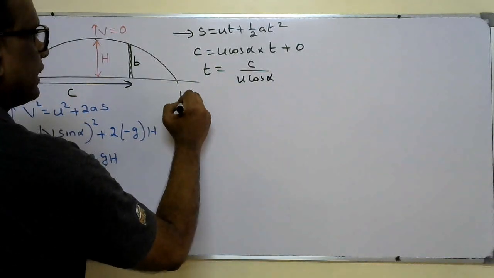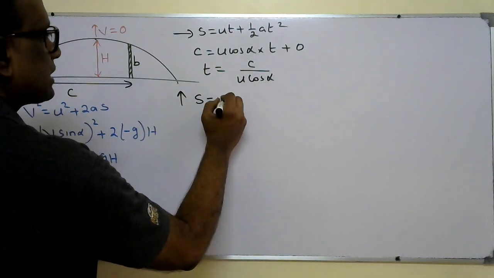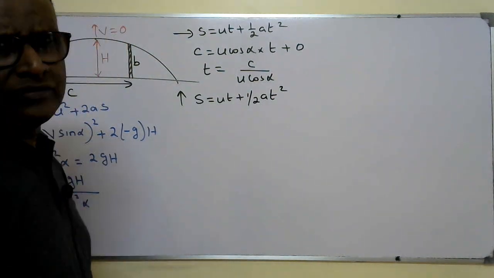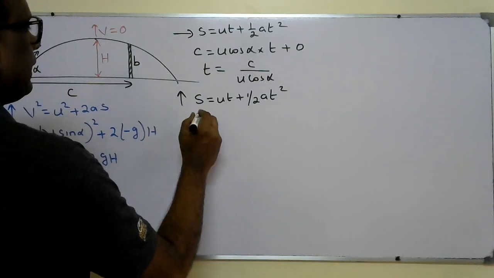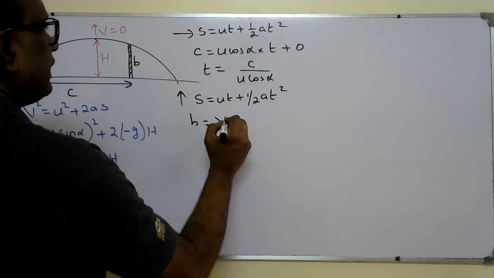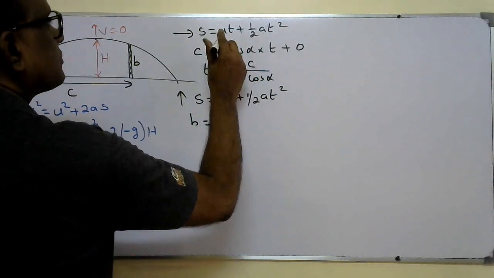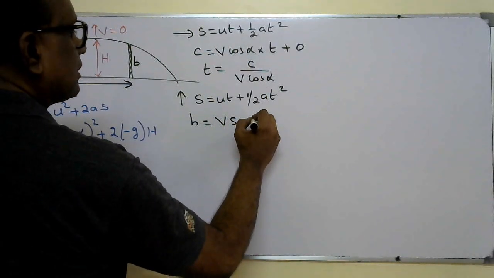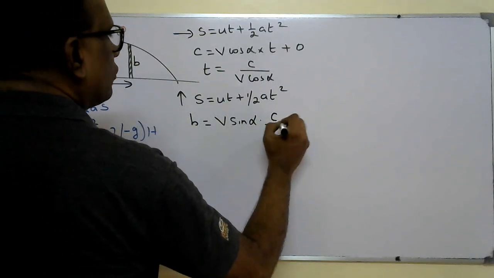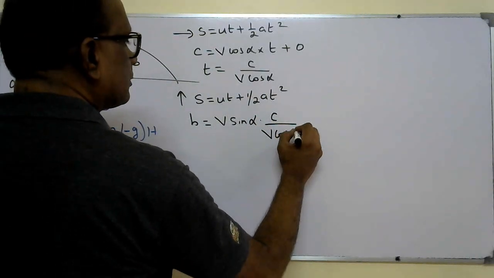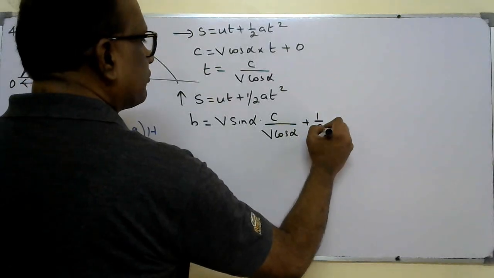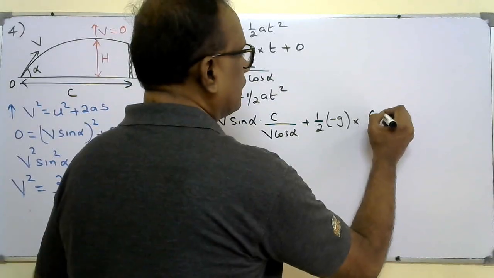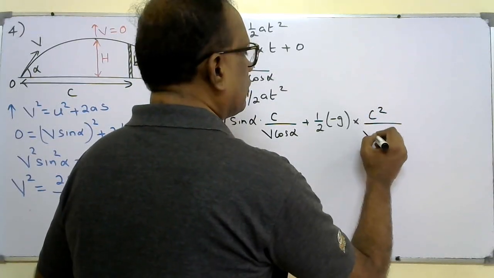When we consider the vertical motion, s equals ut plus half at squared for the motion from O to the wall. S is b, and this is v sine alpha, not u, this is v. Instead of t we can put c over v cos alpha, plus half times minus g times t squared, that is c squared over v squared cos squared alpha.